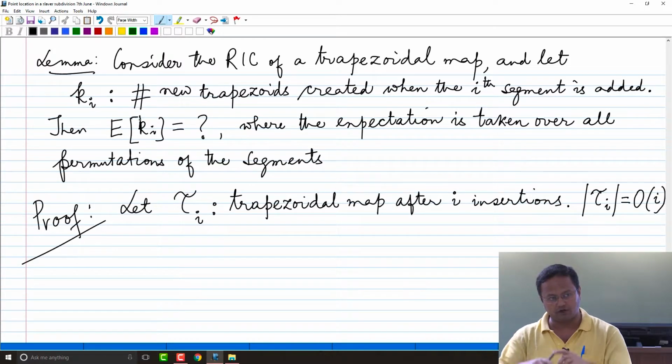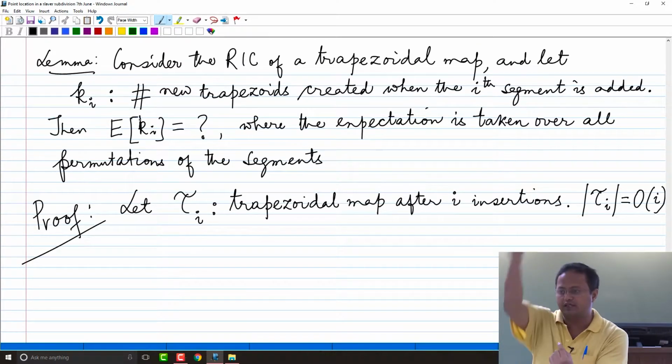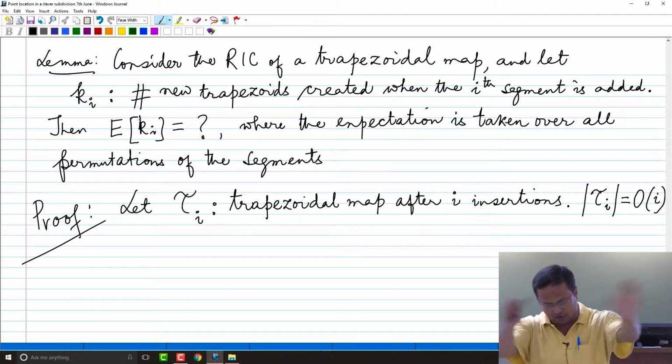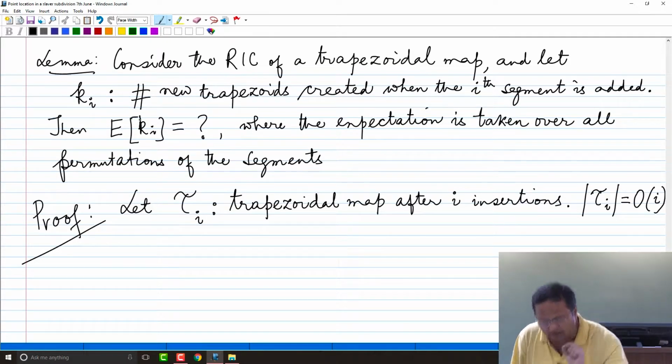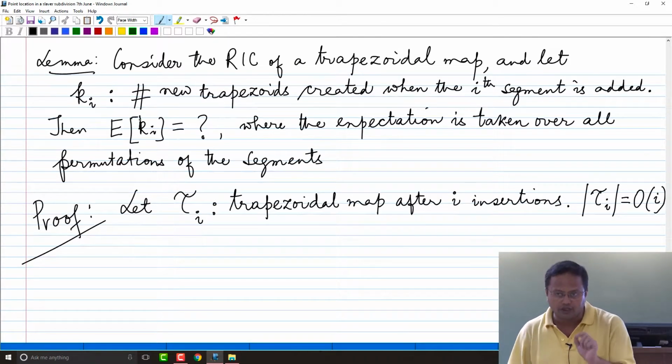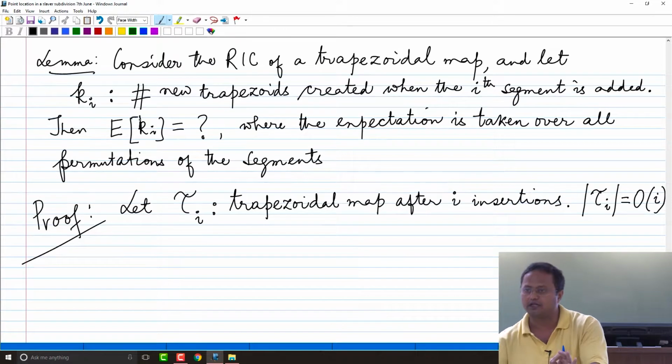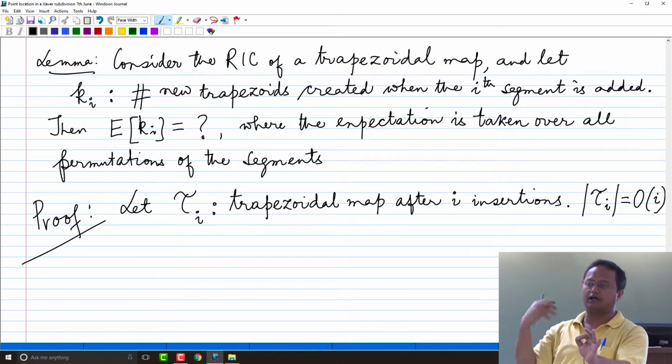You have got the trapezoidal decomposition and you are looking at a trapezoid. When and only when can this trapezoid change if I am going to take away my last inserted ith line?